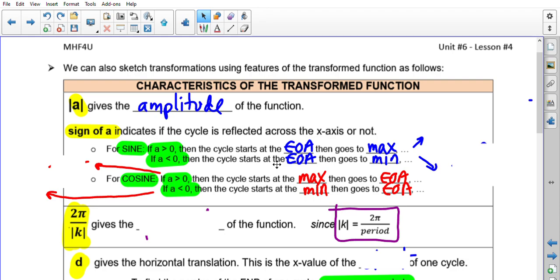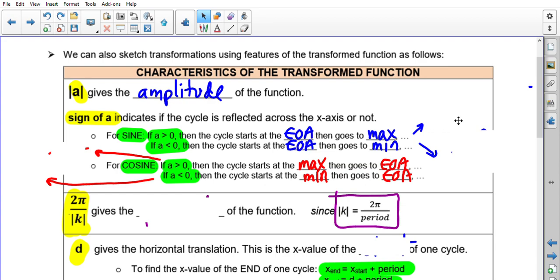So you need to know for sine, if a is positive, then your cycle is going to start at the equation of the axis and then go to its max, what we're used to. However, if you have sine and the a is negative, then that means it's been reflected. So you're going to start at the equation of the axis still, but then you're going to go to your minimum, so it's going to be reversed.